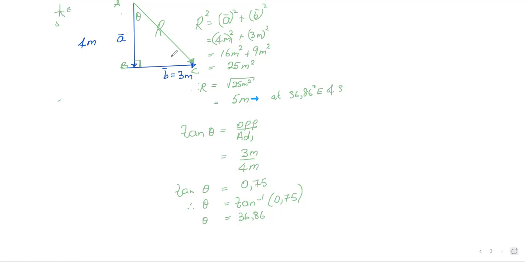other vectors. You can have a vector here, then a vector there. Two vectors acting at a point.